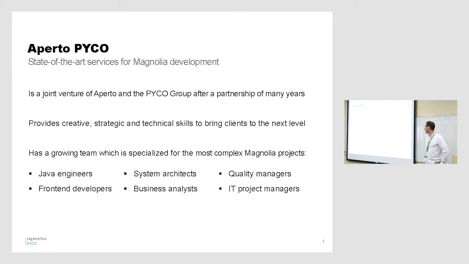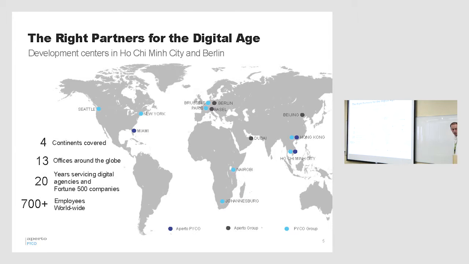Together, we have a highly experienced Magnolia team: front-end developers, back-end developers, system architects, IT consultants. Aperto and Pico together have 13 offices worldwide on 4 continents and more than 700 employees. Our Magnolia development teams are located in Ho Chi Minh City, in Vietnam, and in Berlin.